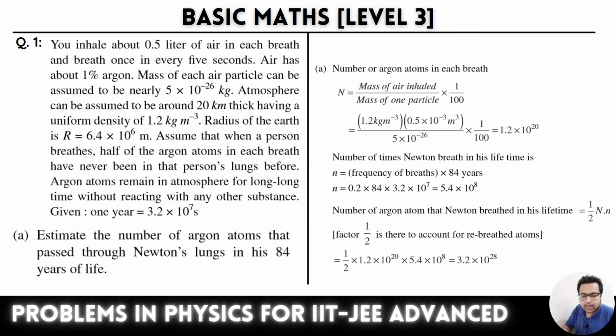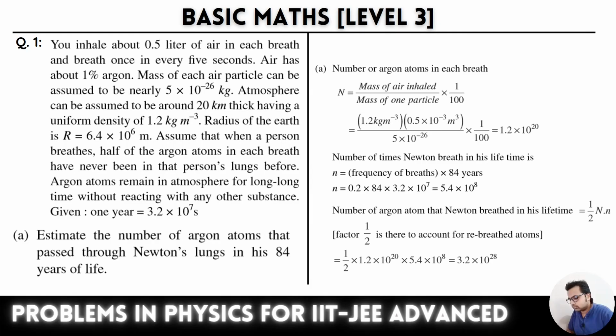If you multiply it with the total number of breaths he took in 84 years, you get the answer. After all the calculation, the final answer will be 3.2 into 10 to the power of 28. I hope all the approach and all the steps are clear.